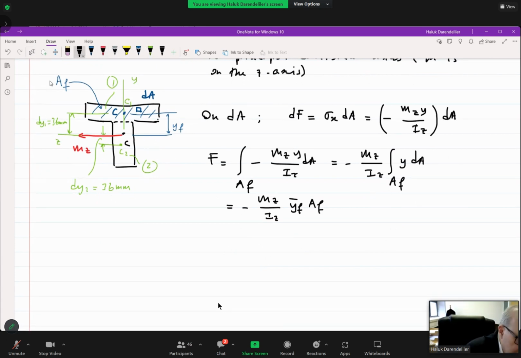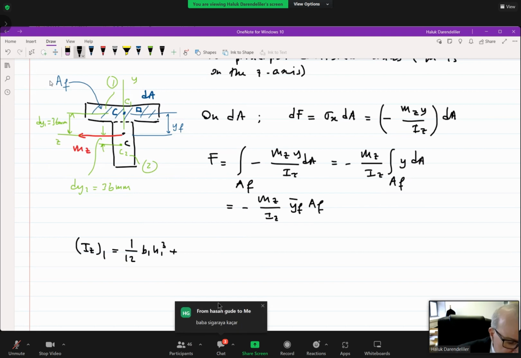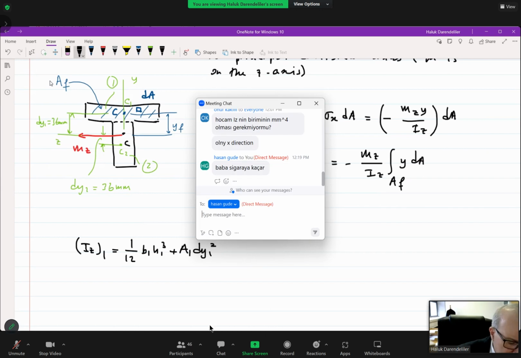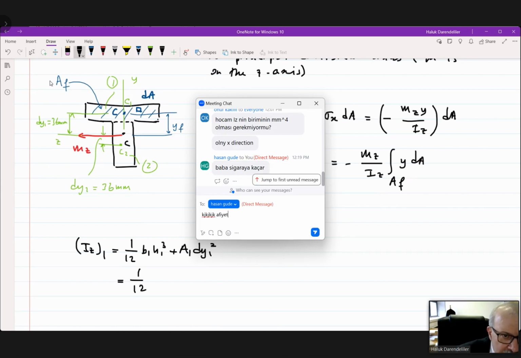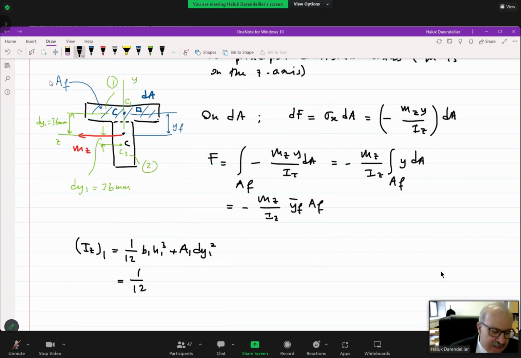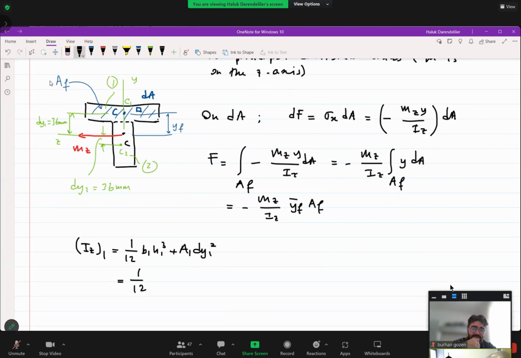Moment of inertia of the first area. Now, I am looking for Iz1, the first area. What is the equation? 1 over 12 b1 h1 cubed plus A1 dy1 squared. b1 is the width of the area, the dimension of the area parallel to the z-axis.